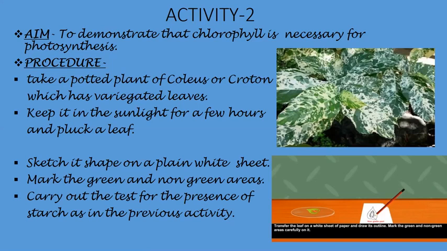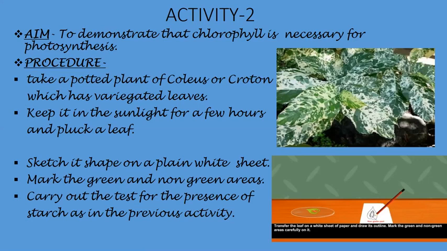Students, Coleus plant or Crotons have variegated leaves. On certain plants like Crotons, the leaves are spotted white, yellow or red with green. The green part of the leaf contains chlorophyll and non-green parts do not have chlorophyll.